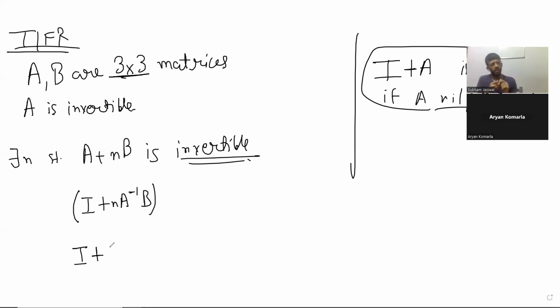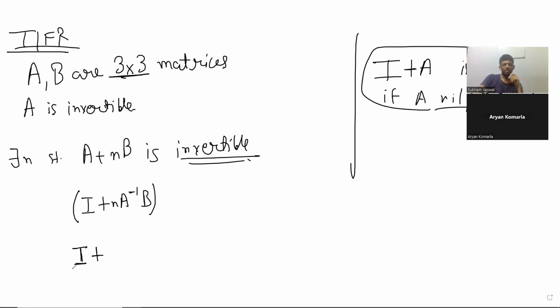You want to say that this is invertible for some n. For n equal to 0, it is invertible, because A is invertible.